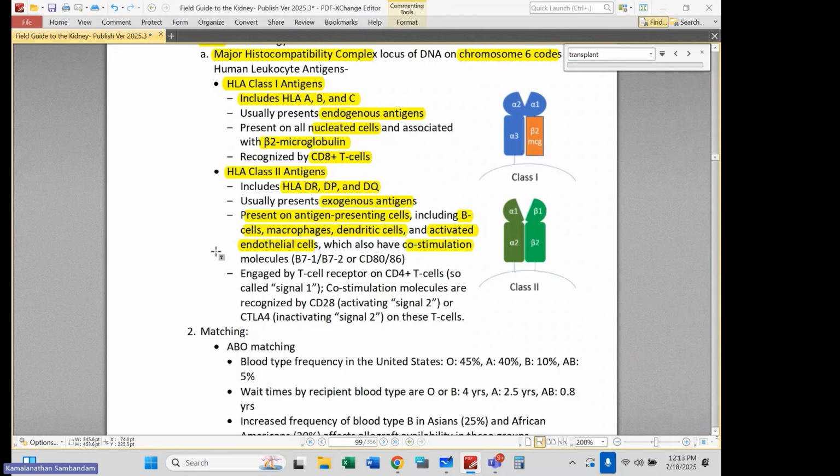Now, the co-stimulation molecules, okay, are part of that decision to say, okay, there's a protein that's bound to these binding clefts, and I can then make a decision. I can say, okay, I recognize that protein, and I can say, tolerate it or destroy it, okay?